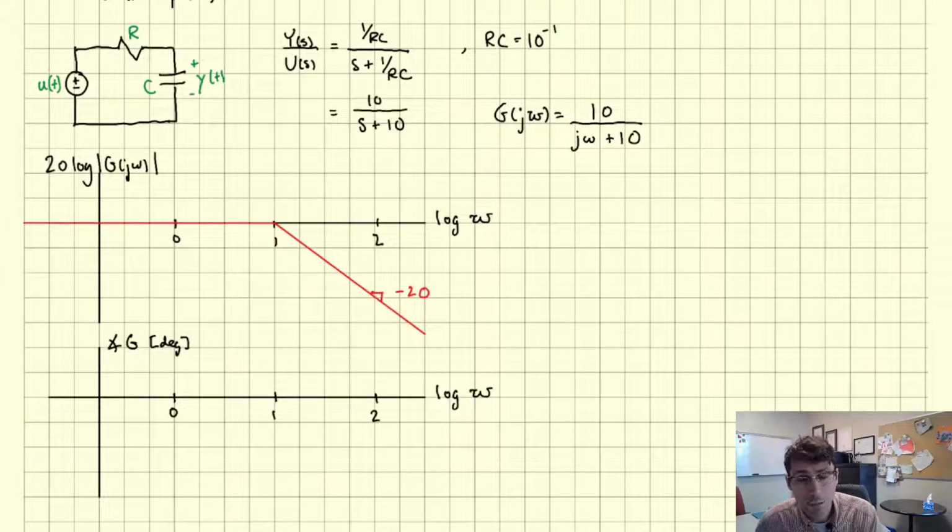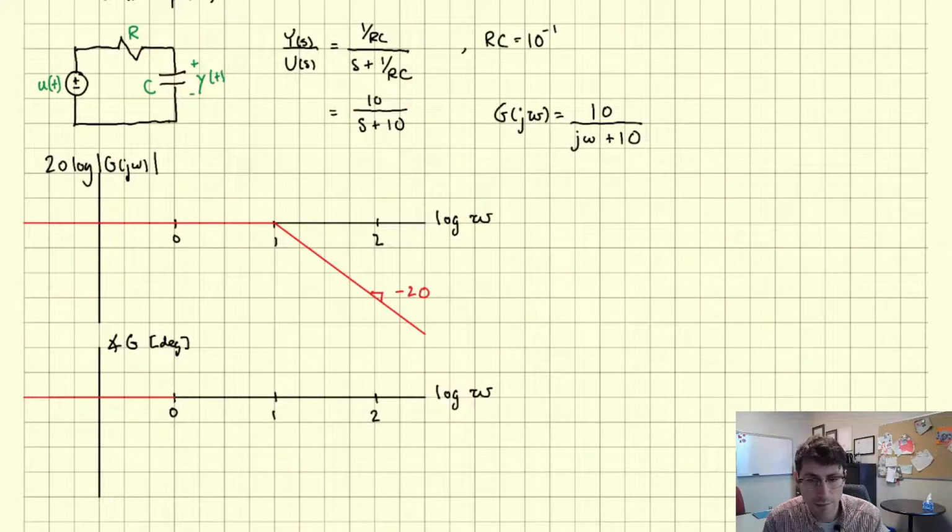All right, and so the phase does something like that. For small values of omega, you're just basically taking the angle of a real number, right? G of j omega is approximately 1. And so the angle of a positive real number is 0. And then for large values of omega, you're basically taking the angle of negative j omega, or 1 over j omega.